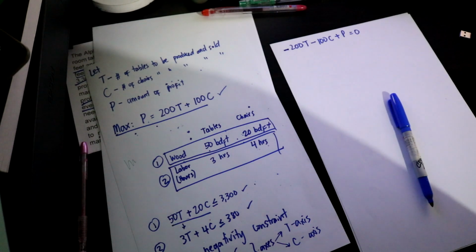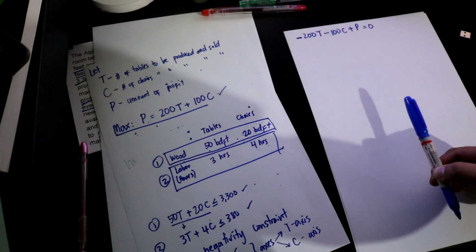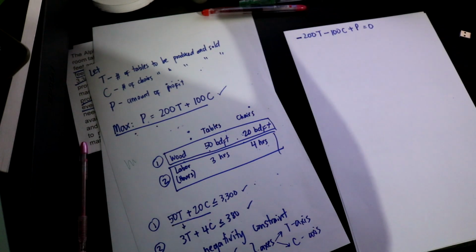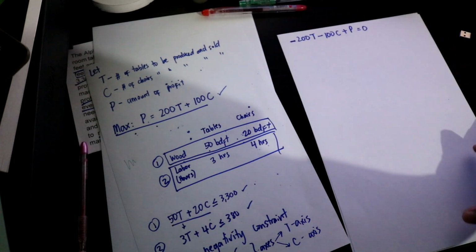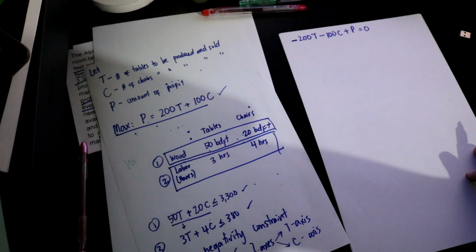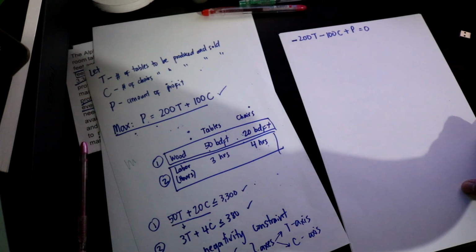What are slack variables? Slack variables are variables that are added to convert the constraint into an equality. It is to be interpreted as the amount of unused resource.